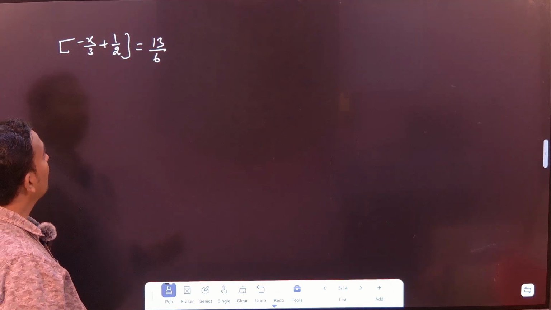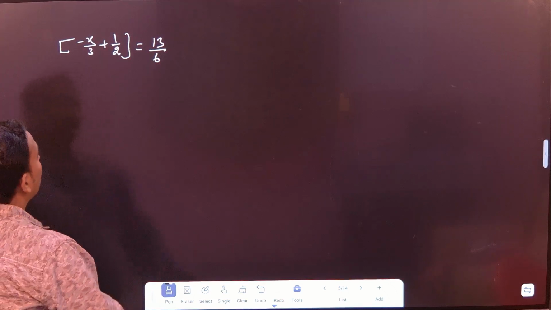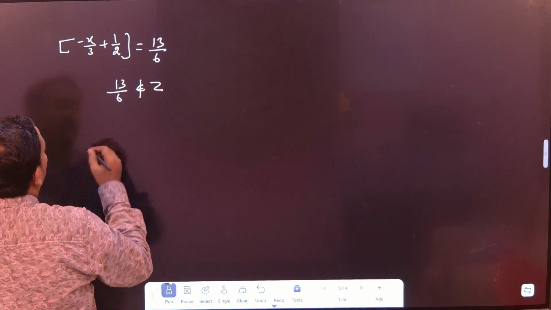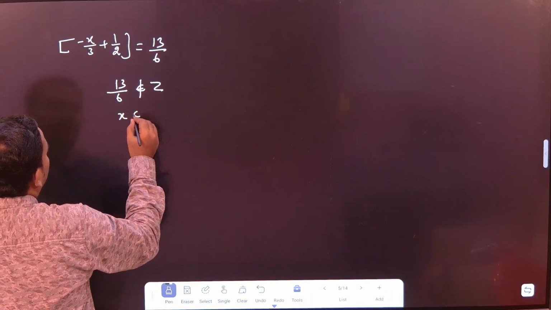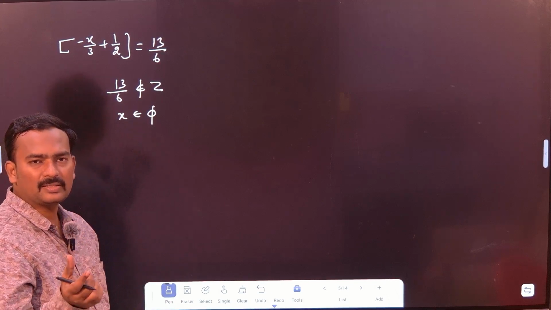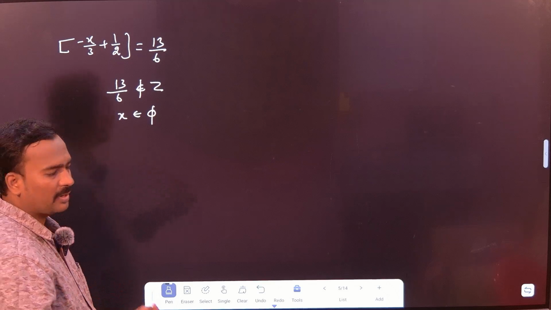So it is not going to be an integer. Therefore 13 by 6 does not belong to the integers, therefore x belongs to the empty set. There is no x value possible, because you know that the greatest integer function is always an integer, right?